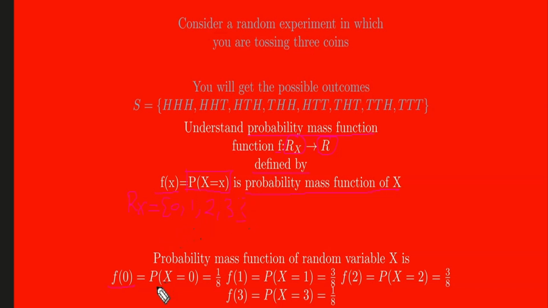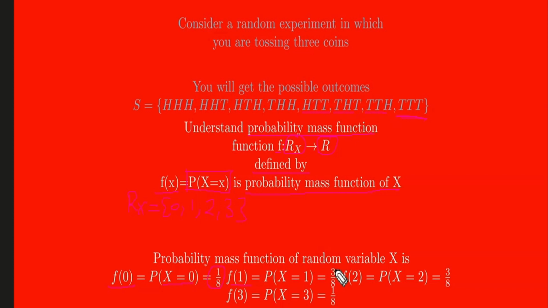If x is equal to 0, it means there are no heads, and in that case we had only one sample, which is the 3 tails. If you talk about one head, there are three samples, this one, and this one.